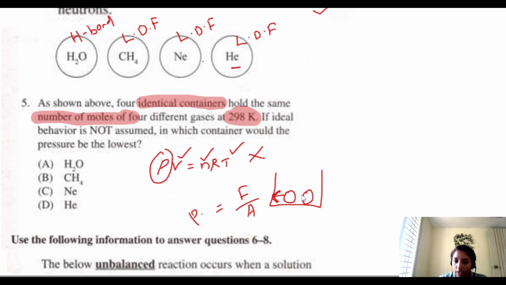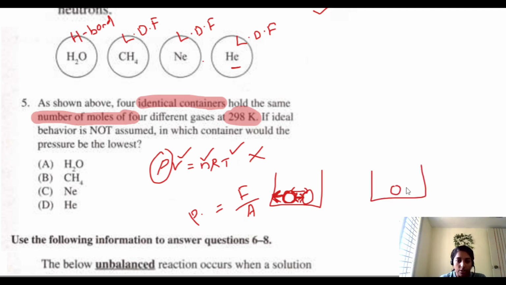So if the IMF is higher, then what happens? The molecular attraction will be higher, so there is very little chance of exerting force, or they will act with very little force on the walls of the container, because these molecules were already attracted to each other. Got it?